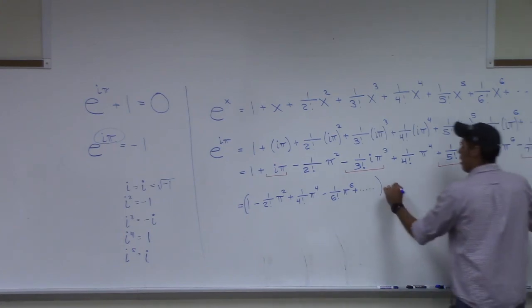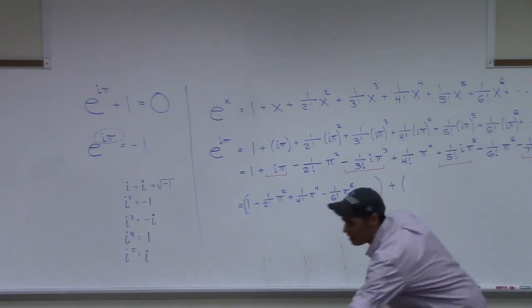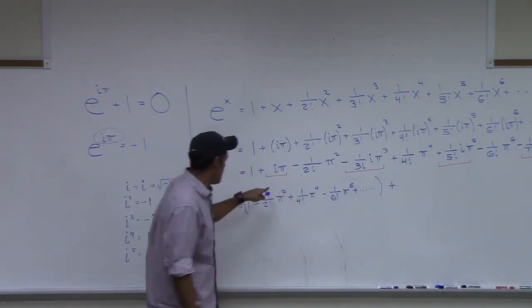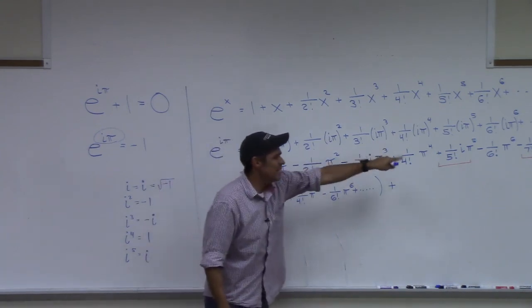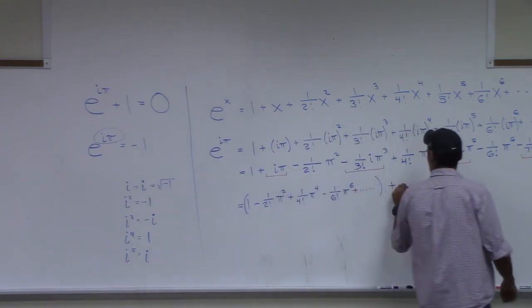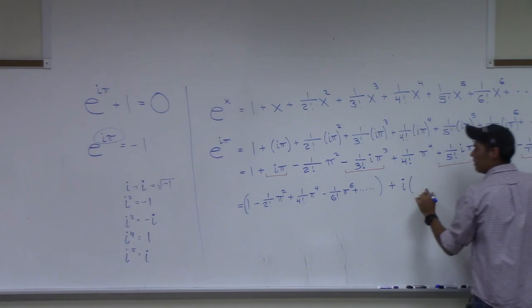Then I'm going to say plus now the stuff that does have i's in it. Now, everything that has an i in it, they all have one i, right? I'm going to factor the i out. The i's coming out, and then what's left? If I take i out of this, what am I left with?